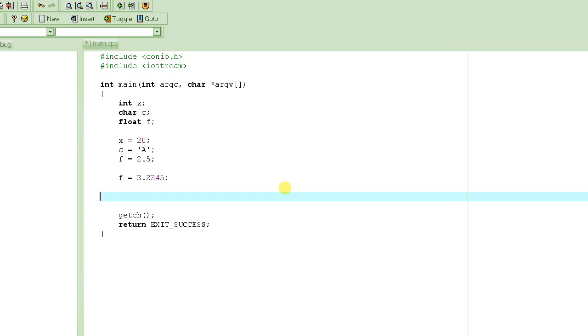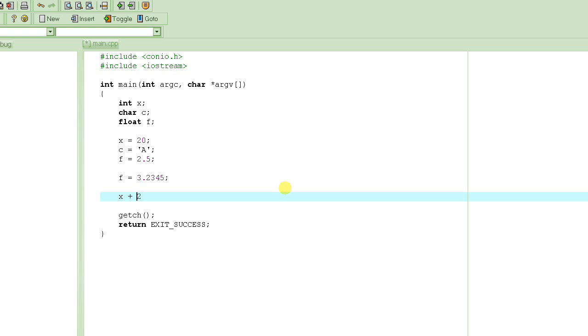For example, what you can do is, for example, x plus 2. Plus is an operator, and it's a binary operator, which means that it takes two operands, left operand and the right operand. And in this case, the left operand is x, the right operand is 2.